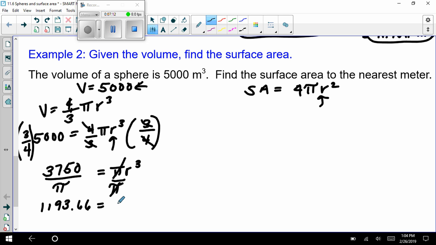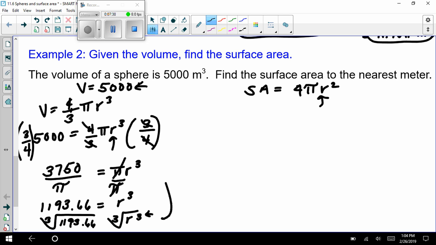So that is equal to r cubed. I'm almost there. I have to go from an r cubed to an r, which means I'm going to take the cube root. So instead of taking the square root, I'm taking the cube root because this was cubed. I'm taking the cube root of 1193.66.